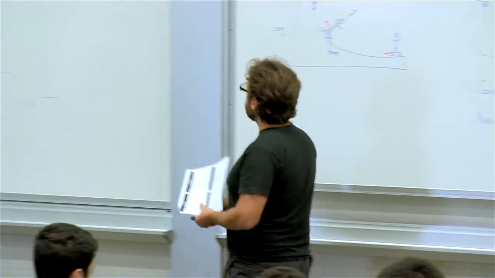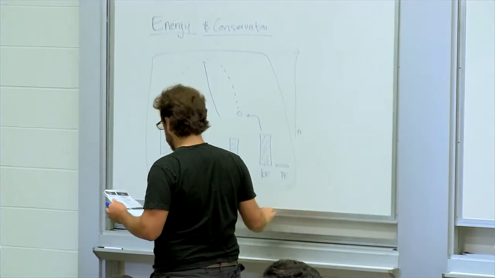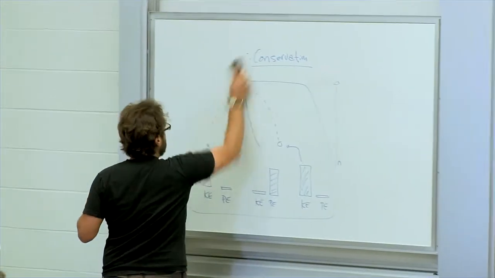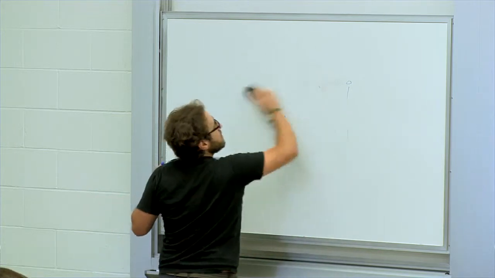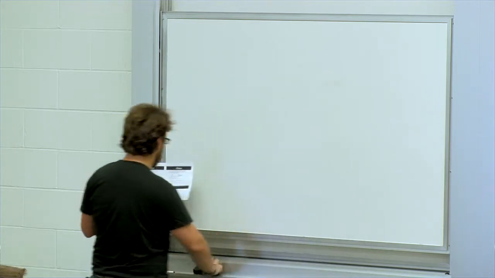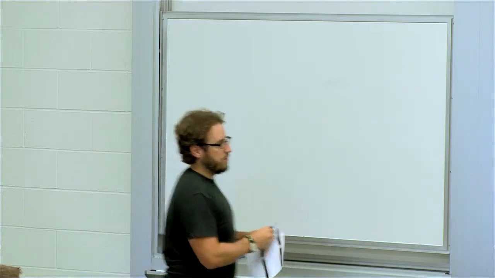Okay, so now there's a useful way to think about the connection between forces and energy. So let's draw the function of the forces. All right, so let's do gravity first.